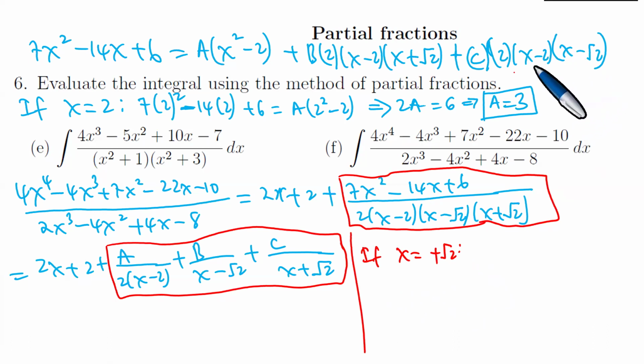If you put the square root of 2 here, this one is going to be 0. If you square the square root of 2, it's going to be 2 minus 2, which is 0. If you put the square root of 2 here, this one is going to be 2 square root of 2 times 2 square root of 2, which is 4 square root of 2.